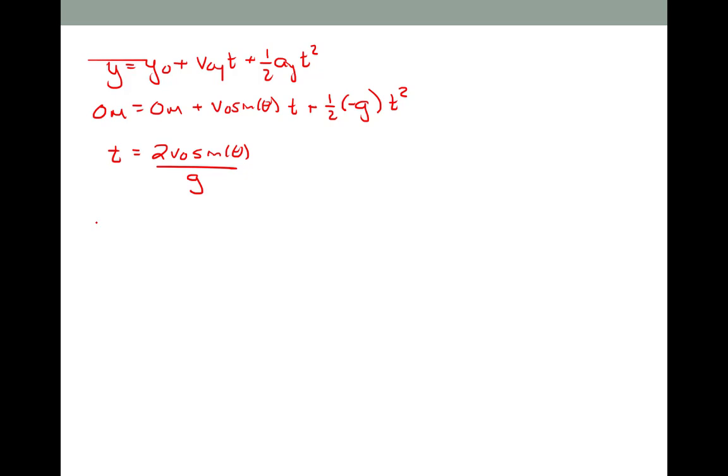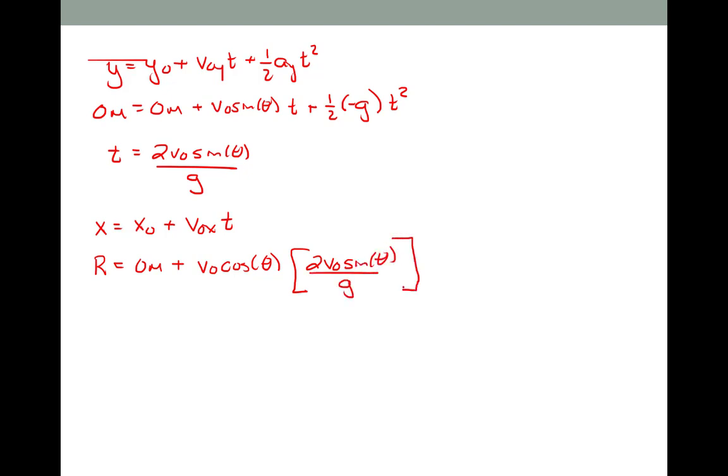Now that I know time, I can bring in the range that I'm given. So r equals 0 meters plus v naught x, which is v naught cosine theta, times time, which is 2 v naught sine theta divided by g.